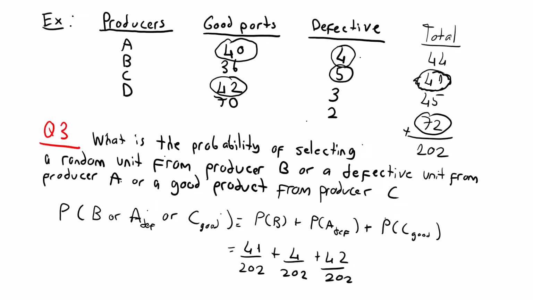So the total becomes 87 divided by 202. Let me use my calculator to find the percentage. 87 divided by 202, so that's about 43%.